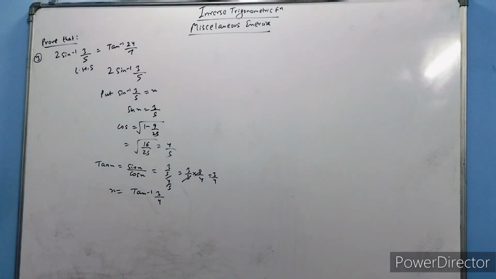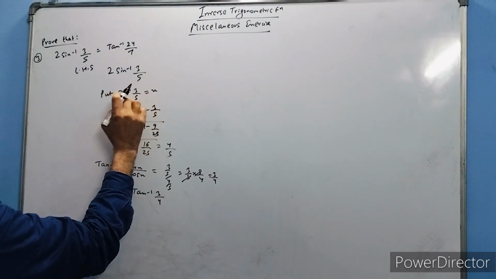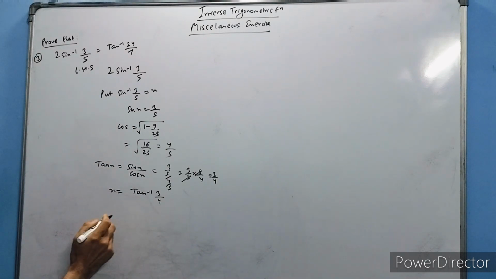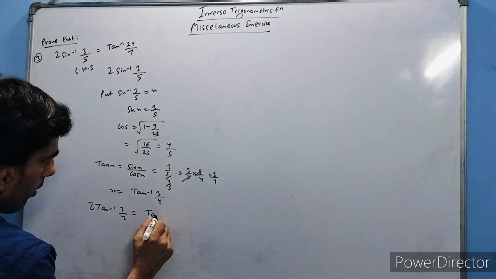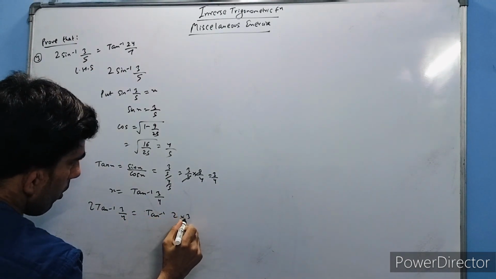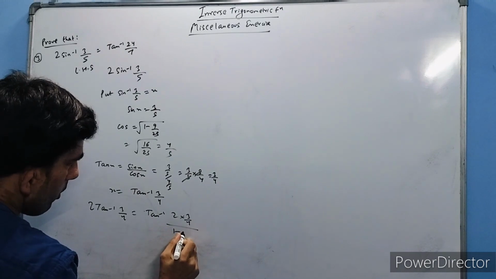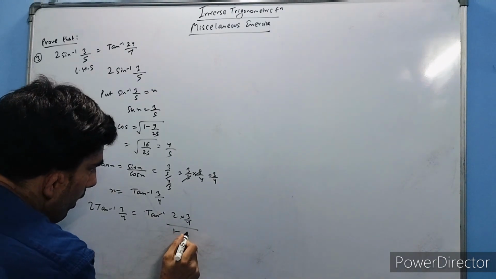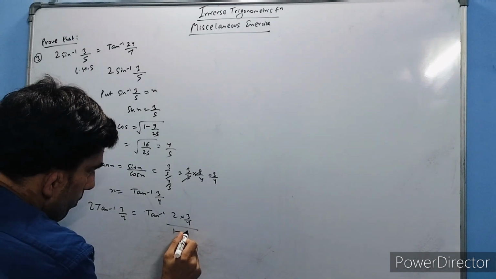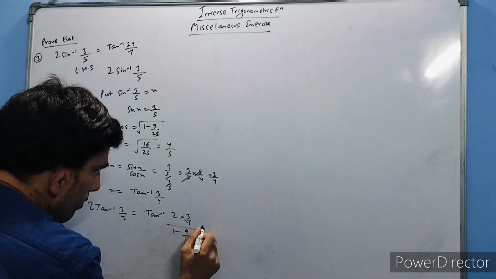We have taken this x, so we will have 2 tan inverse 3 upon 4, which is equal to tan inverse of 2 into 3 upon 4 upon 1 minus x square, that is 9 upon 16.